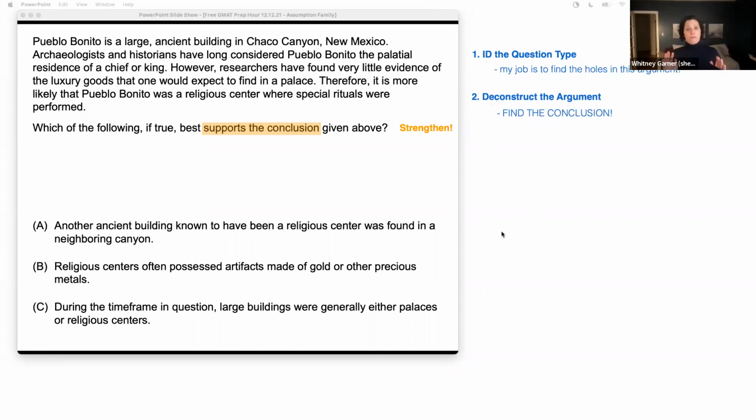That's all I care about. I'm here to find the conclusion. And so I actually read this in more than one pass, meaning I read it more than once. On my first pass through, my job is only to find the conclusion. I then read it a second time to build the argument around it.